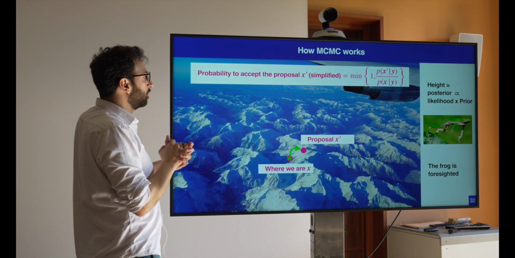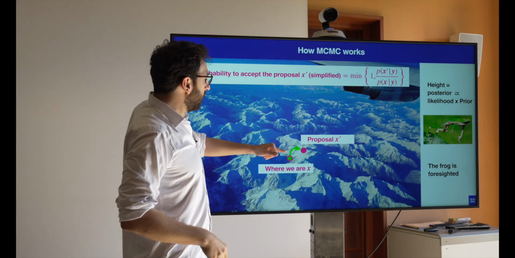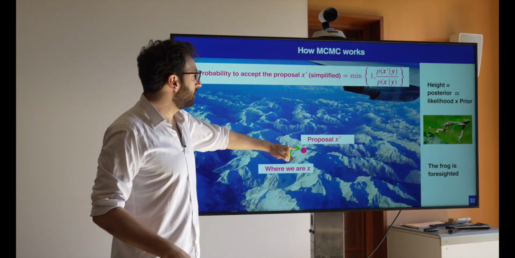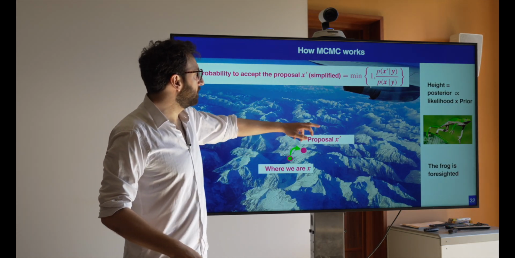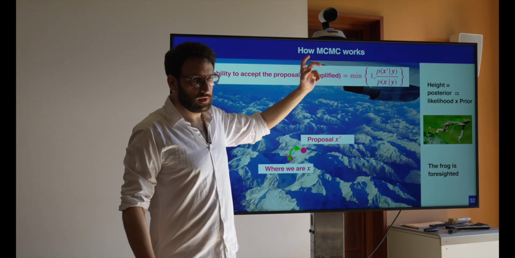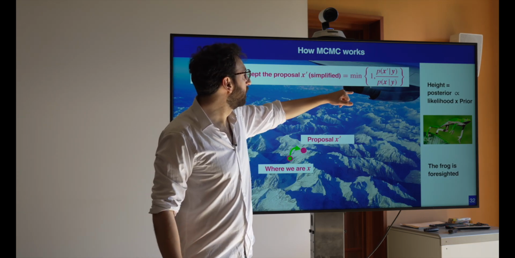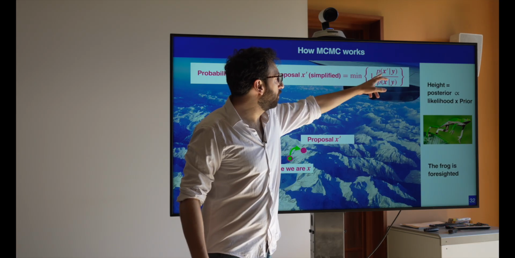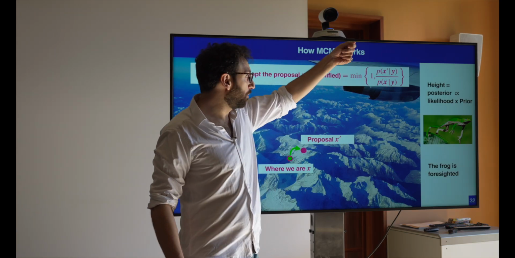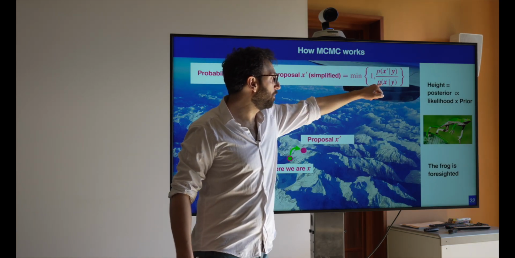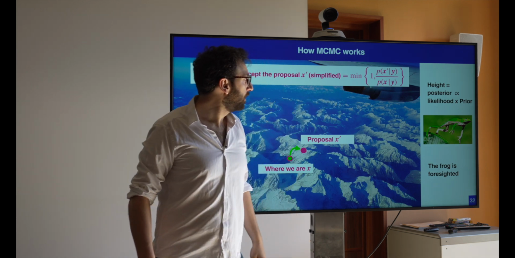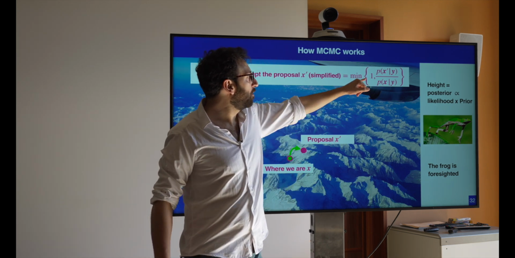Now, whether this proposal is going to be accepted is determined by a formula that is a bit more complicated, but I'm going to take a particular case, which is the ratio of the probability of the proposal divided by the probability of where the frog is. And you take the minimum of 1 and this.